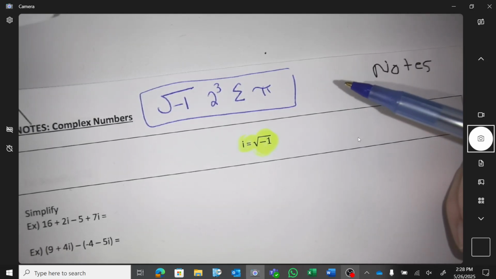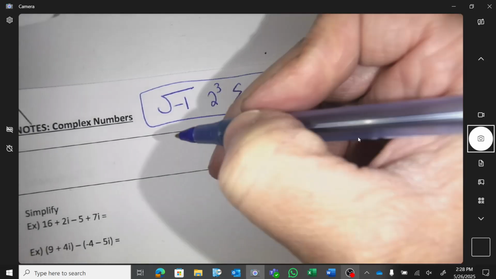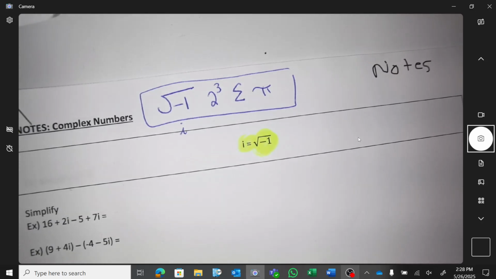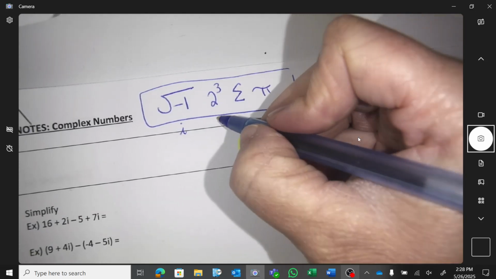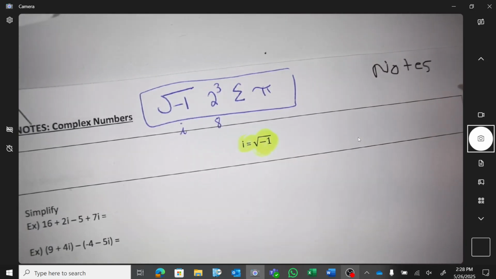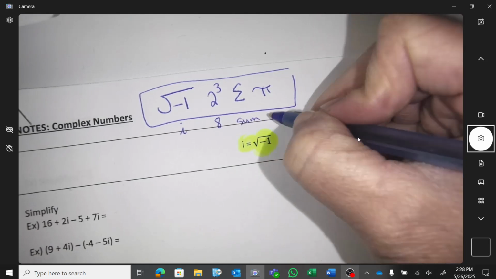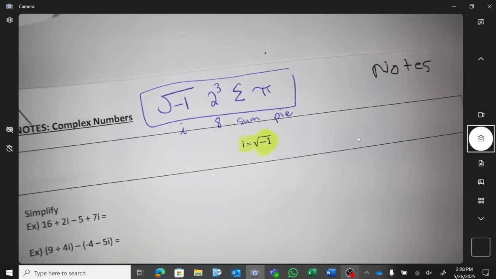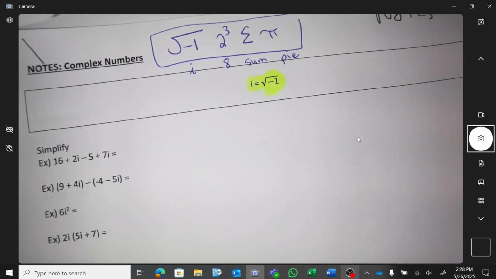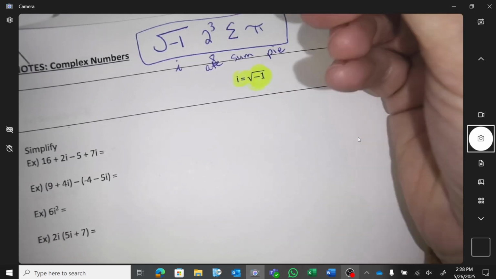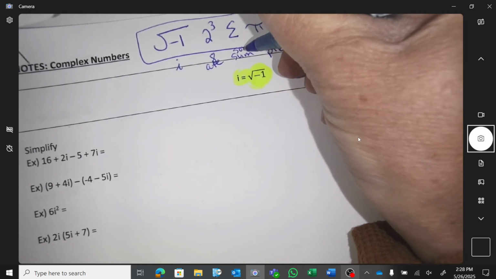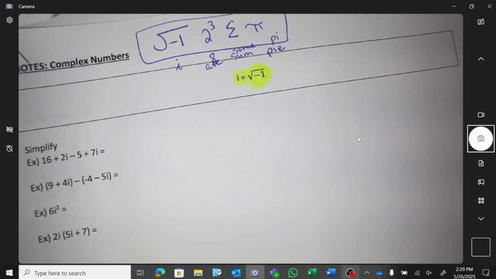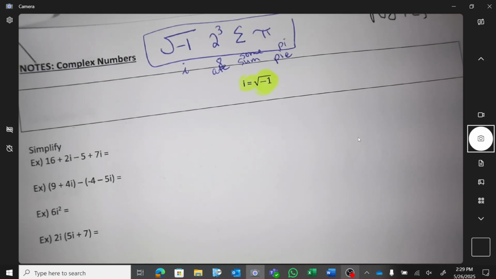Well, square root of negative 1 is i. Times 8. I ate 3 pi. I ate some pie. Good. There, now you got the joke.